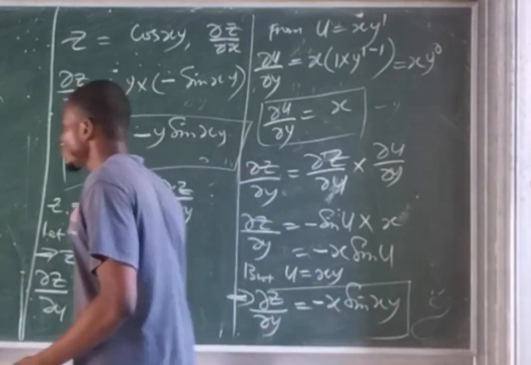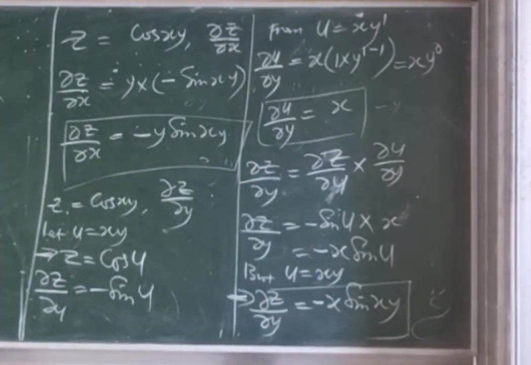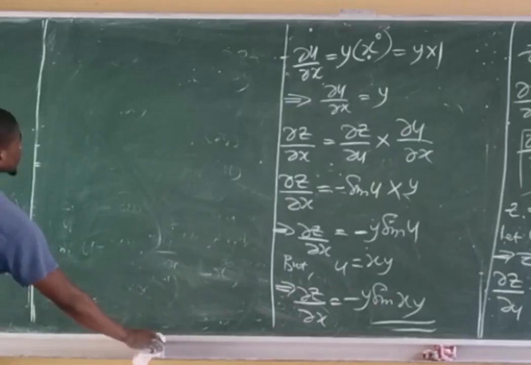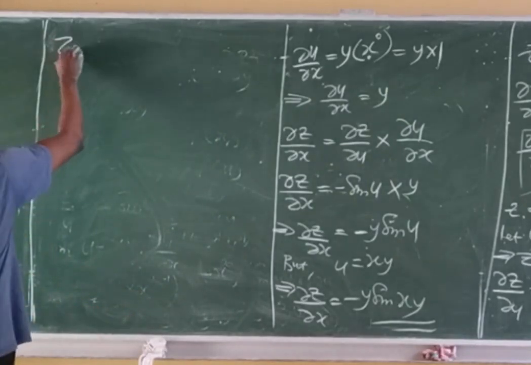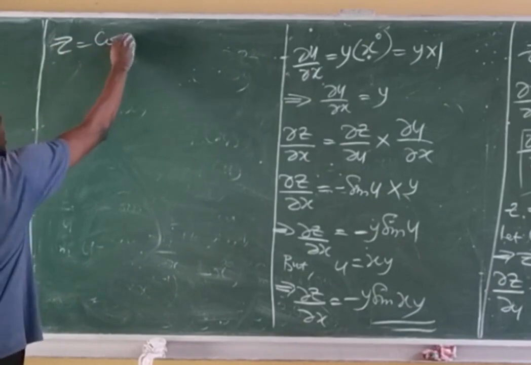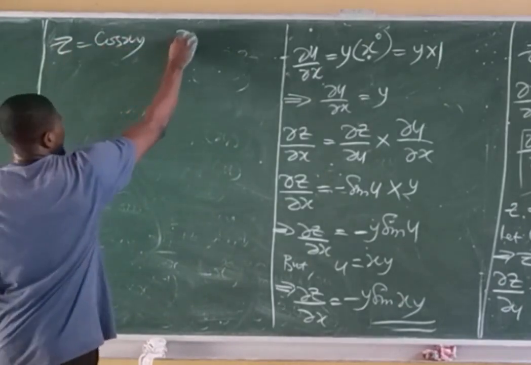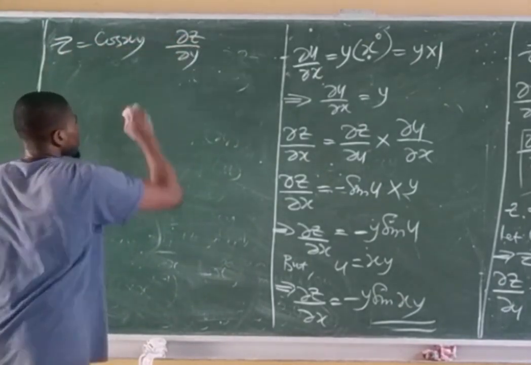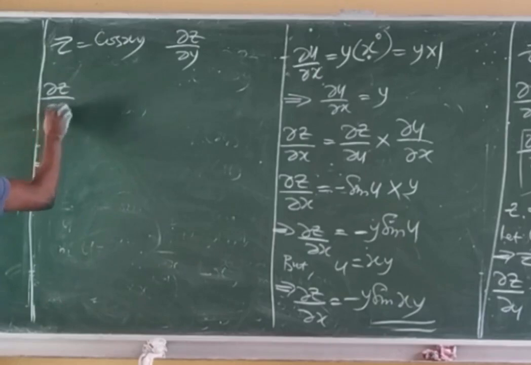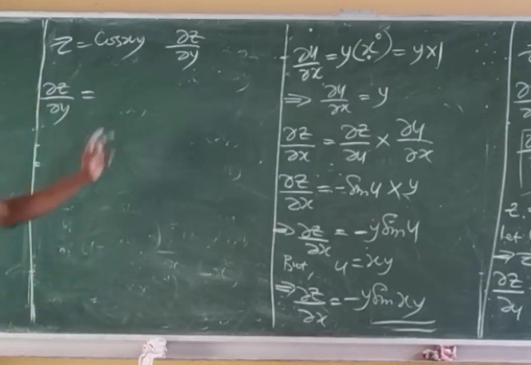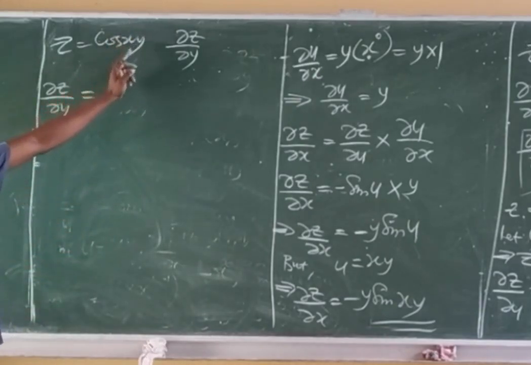Alright, so I'm going to show you the shortcut. Let's apply the shortcut and see. From z equal to cos xy, we want to find partial z, partial y in this case. Like I said, from the shortcut, differentiate the angle with respect to y.